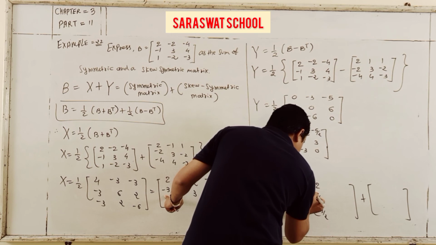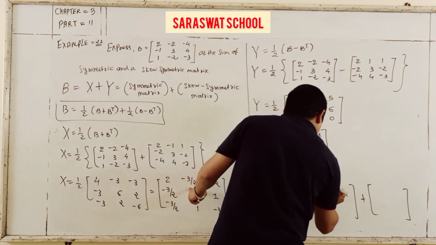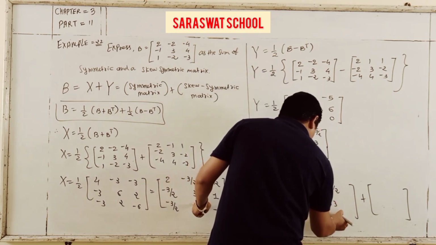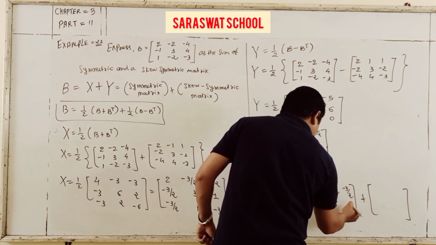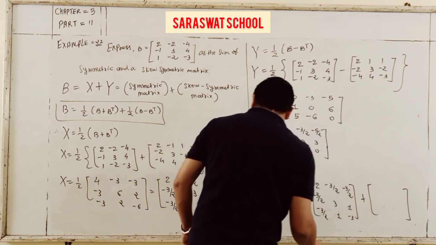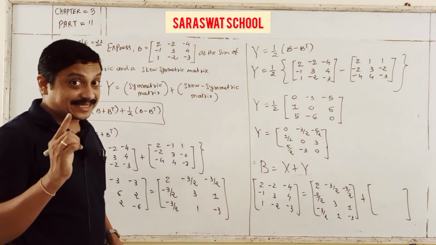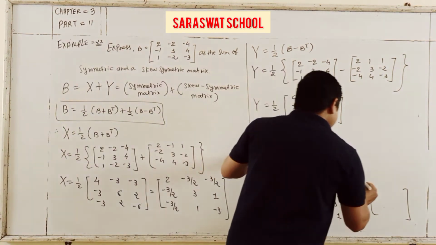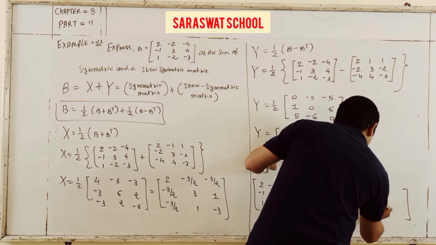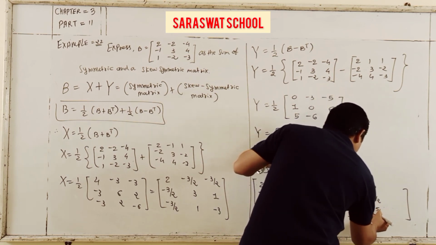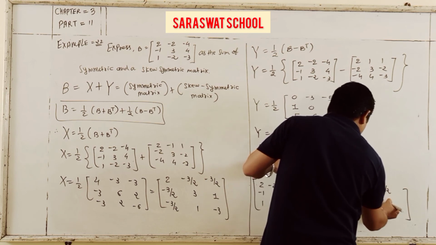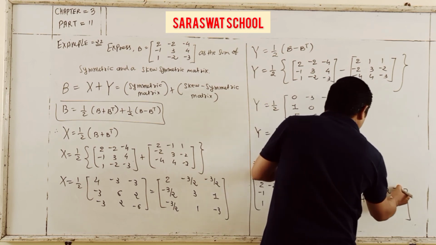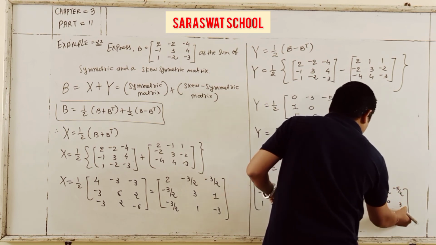That's your first X value. Minus 3 by 2, 3 and 1, and last again minus 3 by 2, 1 and minus 3. And secondly Y is that 0, half 5 by 2. Continue, minus 3 by 2, 0, minus 3 and minus 5 by 2, 3 and 0.